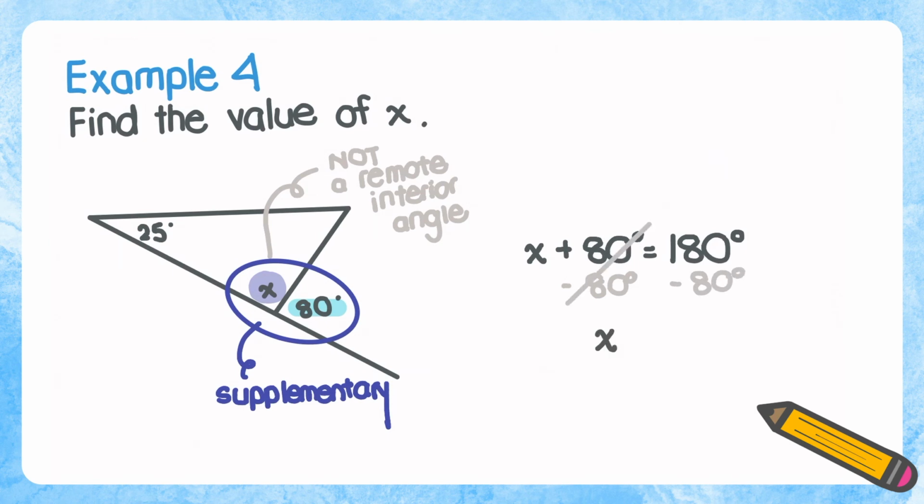And we find that x equals 100 degrees. For this example, notice that we ignored that 25-degree angle, and we used the fact that we have supplementary angles. X in this example is not a remote interior angle because it's right next to the exterior angle.